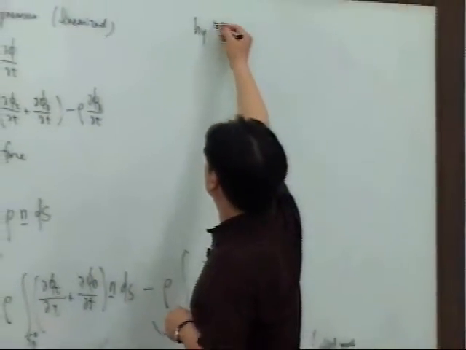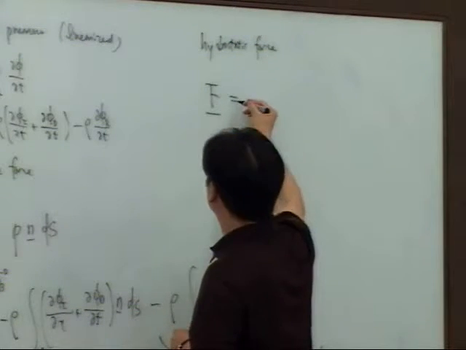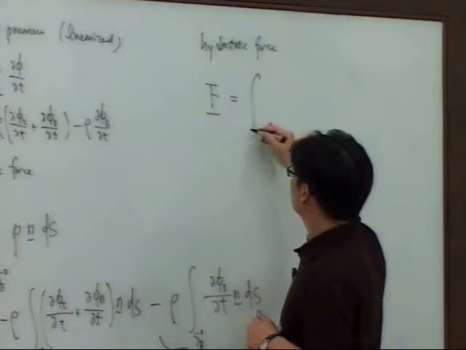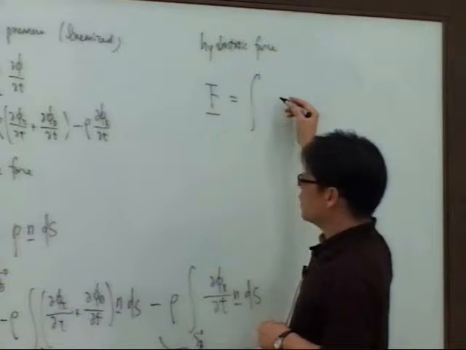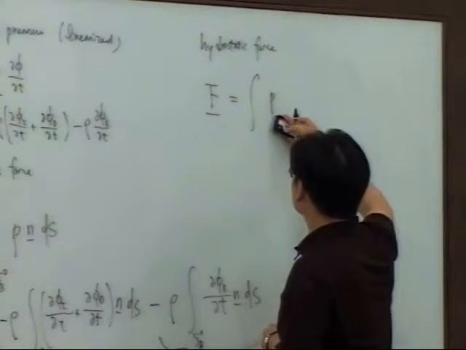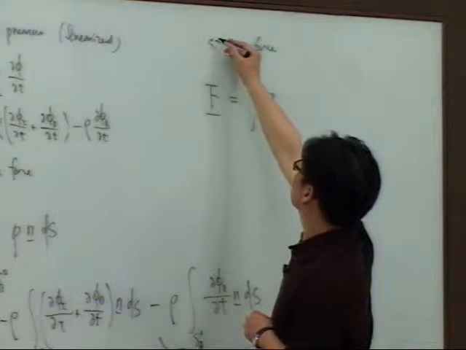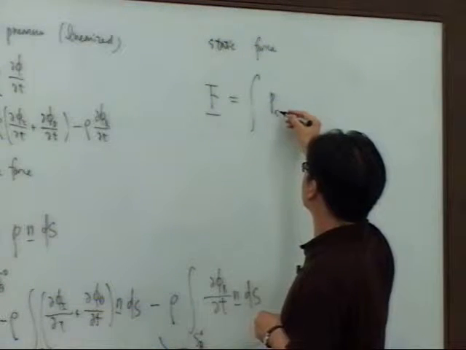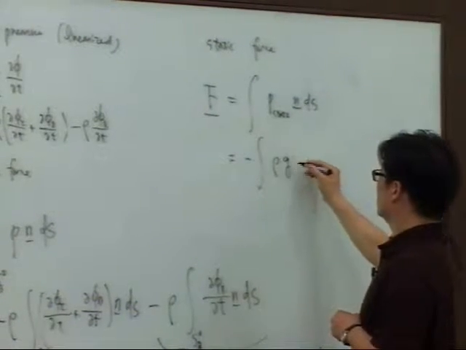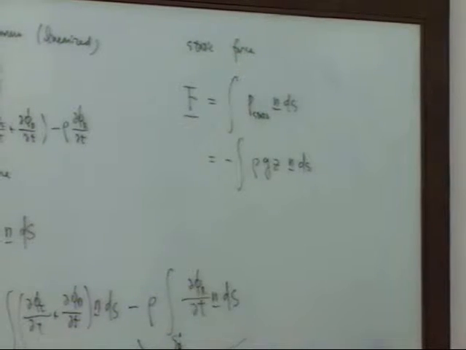So the hydrostatic force is hydrostatic pressure times the normal, integrated over the surface, which is minus rho g z, ds. Okay.